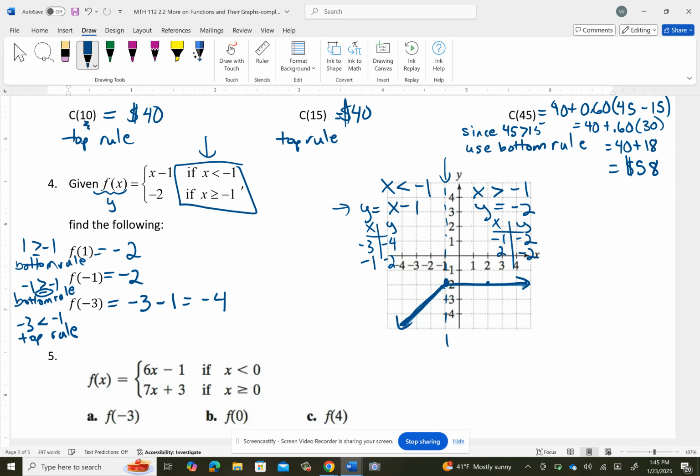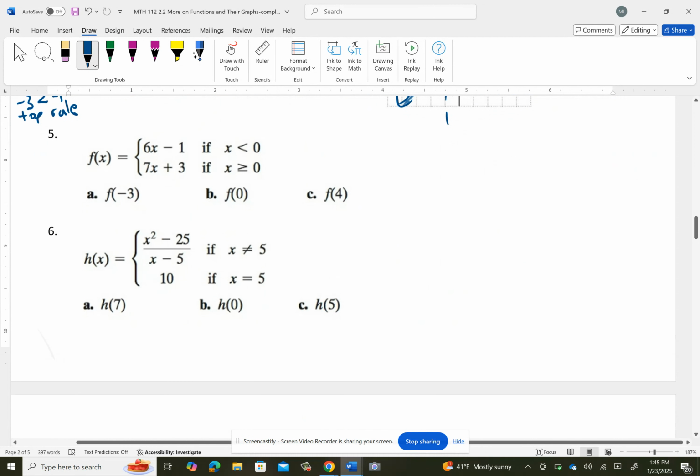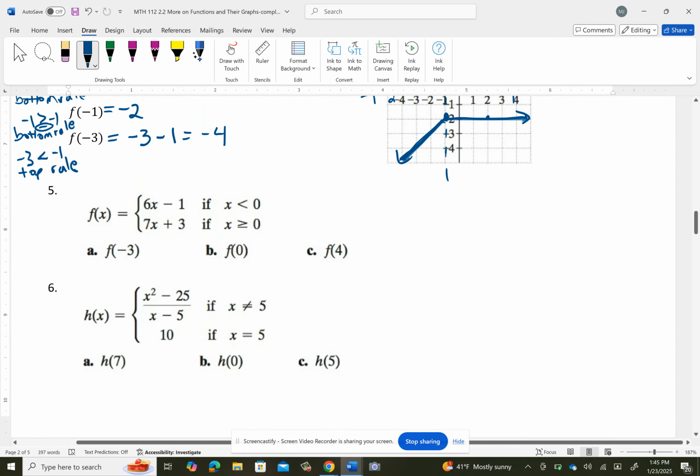All right, so let's look at question number 5. These are just evaluating, still just evaluating. So on number 5, I need to evaluate the piecewise function, and what I look at is when x is negative 3, then I should be using the top rule.